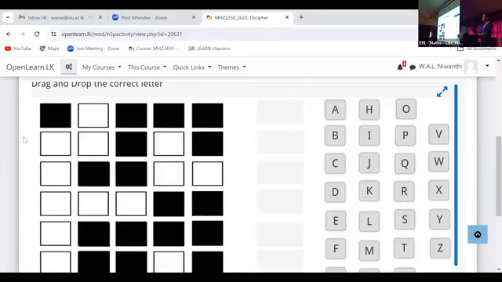So it is W. W is which number? Can you count A, B, C, D, E, F, G, H? Which number is it? Sorry, what's the number for W?